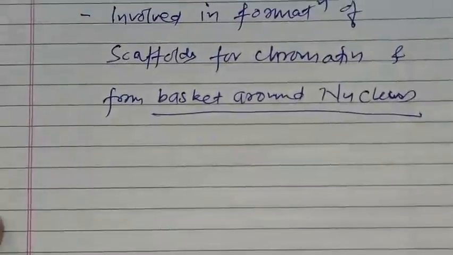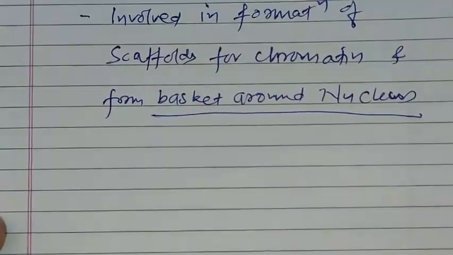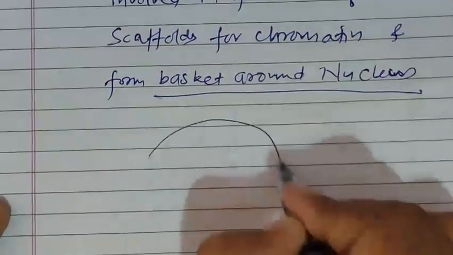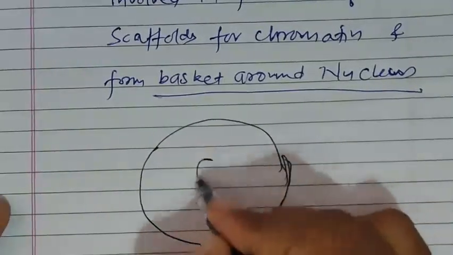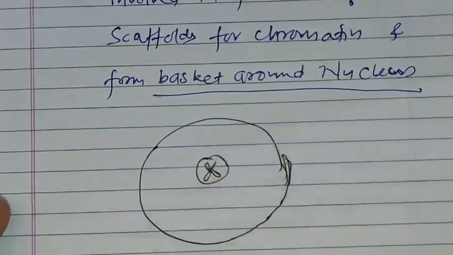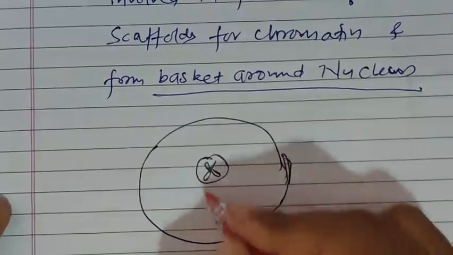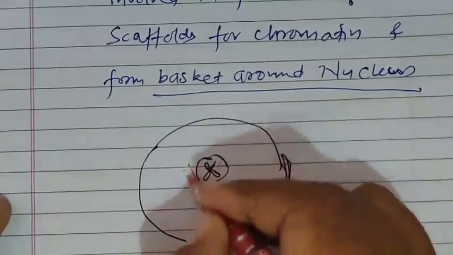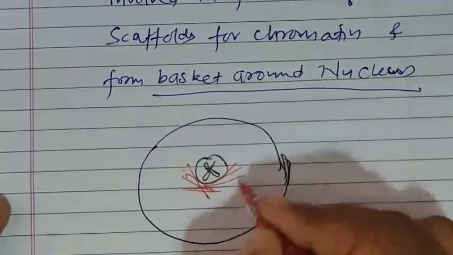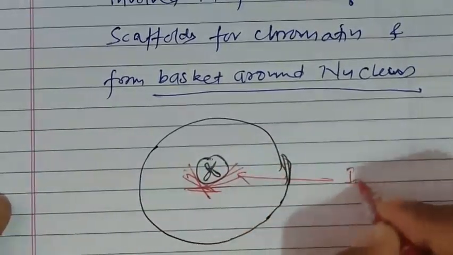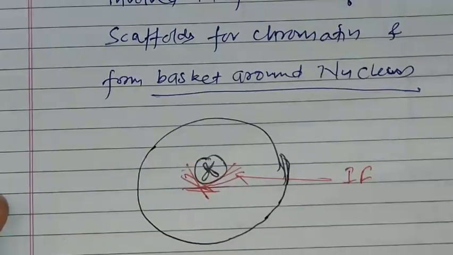If we see the structure of a cell, there is a nucleus. Around the nucleus you will find some intermediate filaments, and they will form a basket around the nucleus.